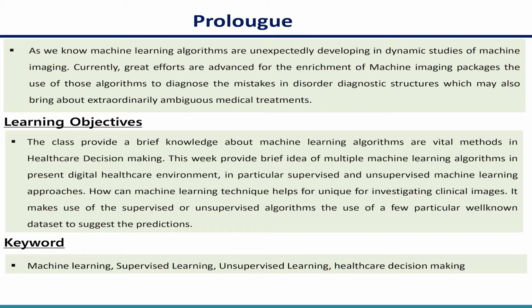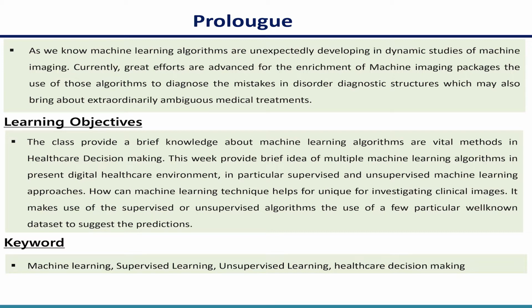How can machine learning techniques help in investigating clinical systems and clinical images, and make those approaches more effective and easily accessible for users, maybe healthcare stakeholders? We make use of supervised and unsupervised algorithms and a few well-known datasets to suggest predictions. The keywords of this class are machine learning, supervised learning, unsupervised learning, and healthcare decision making.